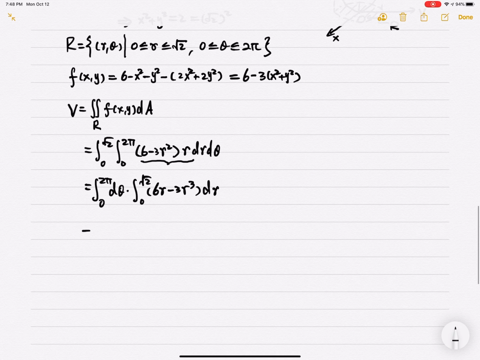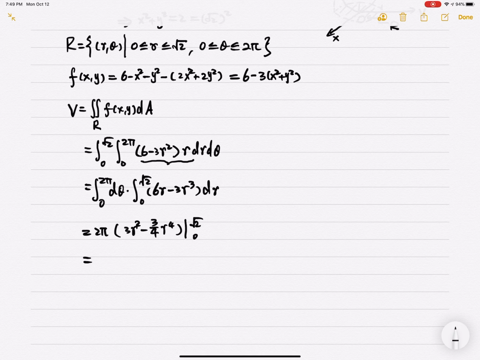So this is equal to 2 pi times 3r squared minus 3/4 r to the fourth, plugging in root 2 and 0.